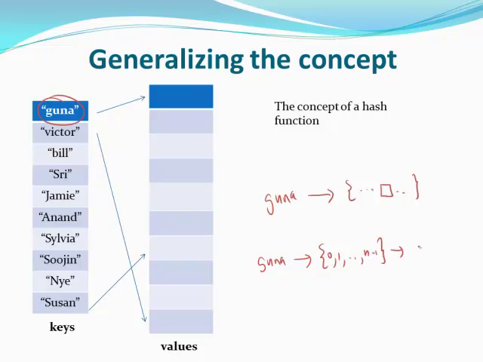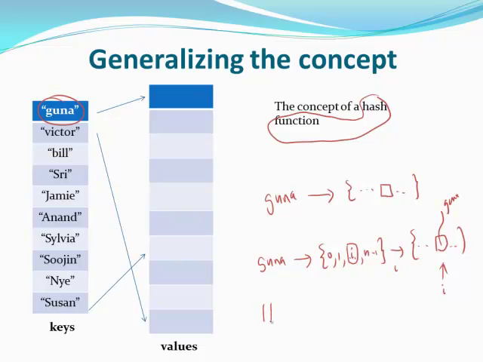Once you do that, you'll be able to find the location for that record in a table. If you compute that the Guna index would be i, then you would be able to store the key here. So the idea is that you're trying to figure out, using just the key, where to put it. And that location is kind of unique to the key, because it depends on what the key is.